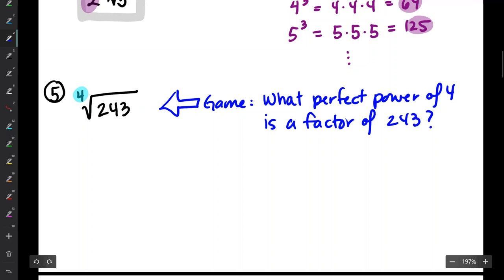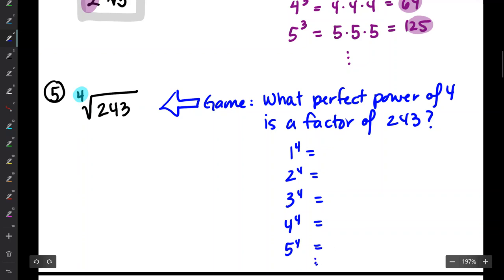All right, so I'm going to write perfect powers of 4. 1 to the 4th, 2 to the 4th, 3 to the 4th, 4 to the 4th, maybe even 5 to the 4th. Of course, there's more.